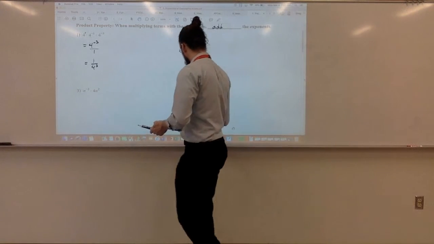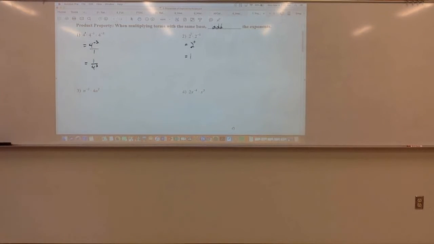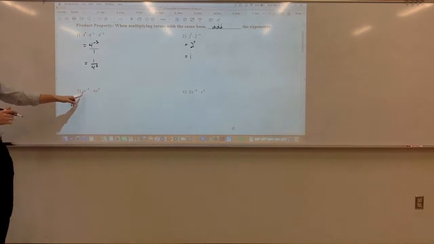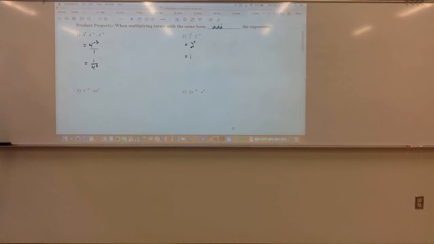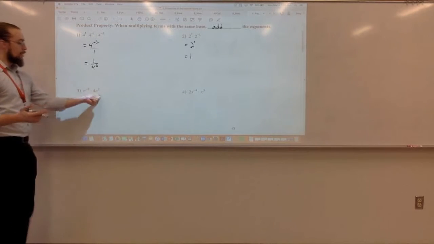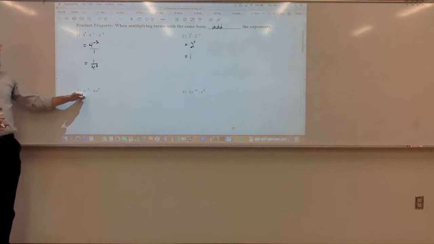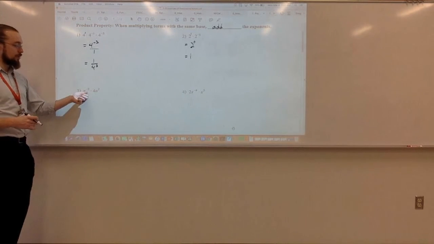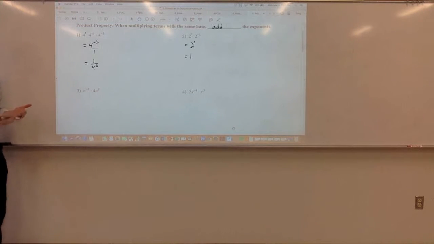Alright, so then it's the same idea if I throw some exponents in. On this one, I've got n to the negative second times 4n squared. I'm going to look at the terms that have the same variables and add the exponents. So here, this n has a negative 2 exponent, this n has a positive 2 exponent.